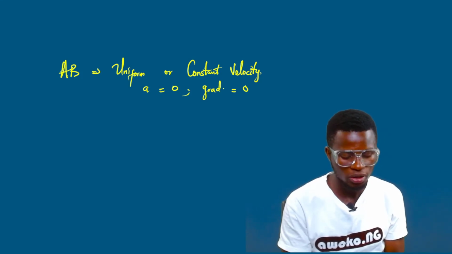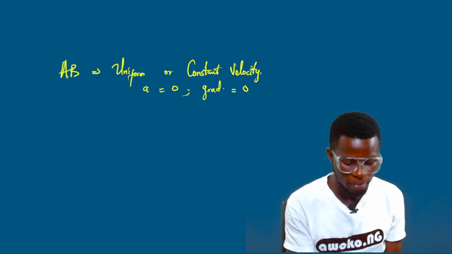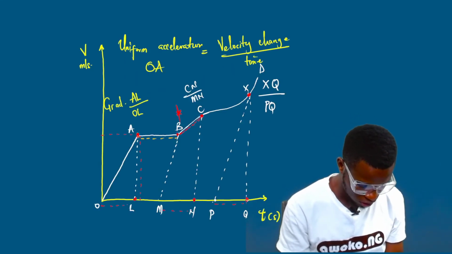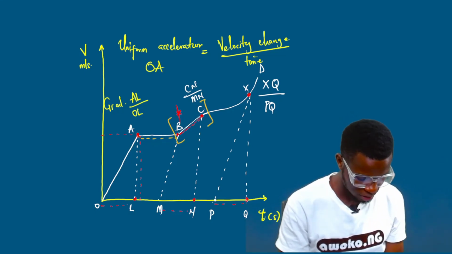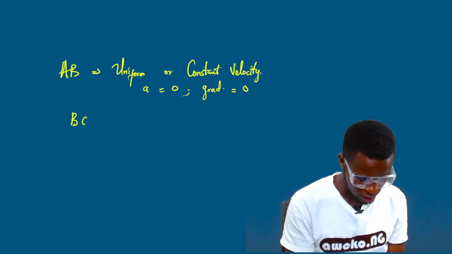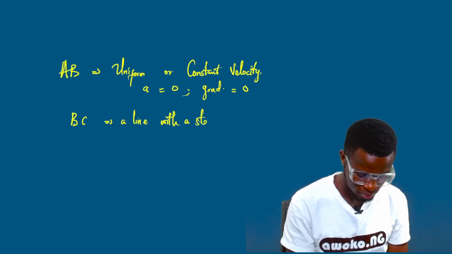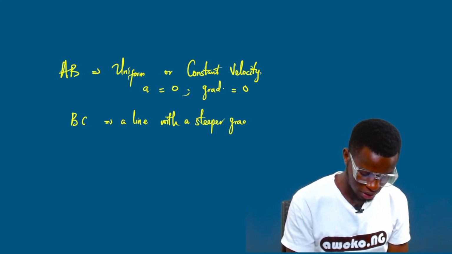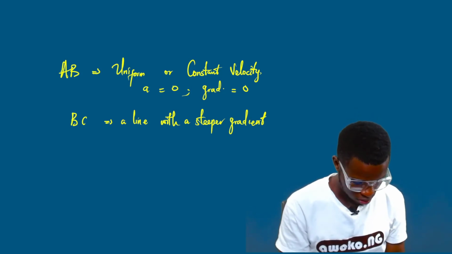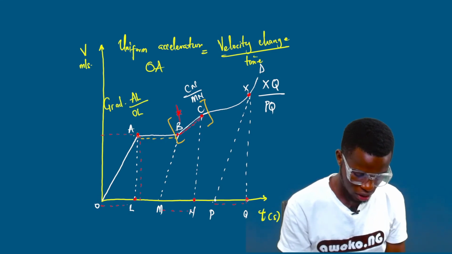We should also note the velocity time graph represented by BC. Where is BC on the graph? This point over here, represented by BC, is a line with a steeper gradient than the first gradient we considered, which is OA.